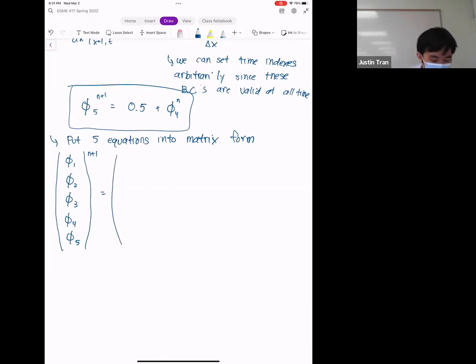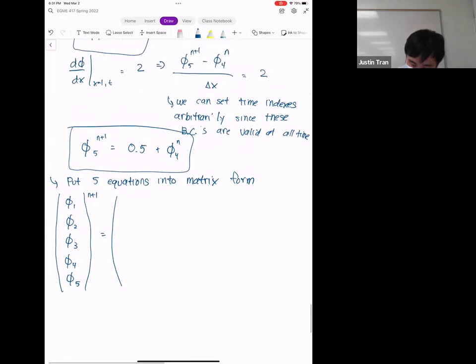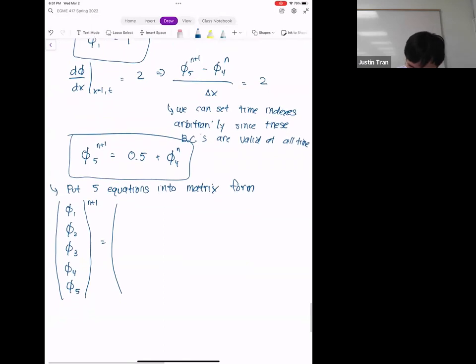Then we have our matrix of coefficients. This is going to look a little bit different than before, but let me write these out. For the first row, we have 0, 0, 0, 0, 0. And then we have 4.8, minus 8.6, 4.8, 0, 0.